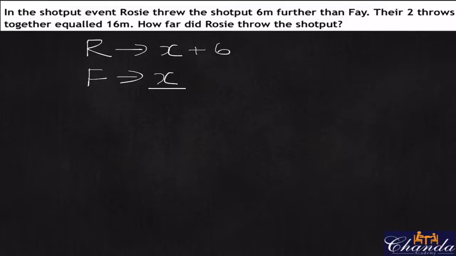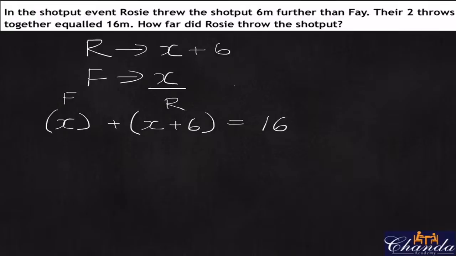Now it says together they equaled 16 meters. So if you take Faye, which is x meters, and you then add it to Rosie, which is x plus 6, we would get a total of 16.